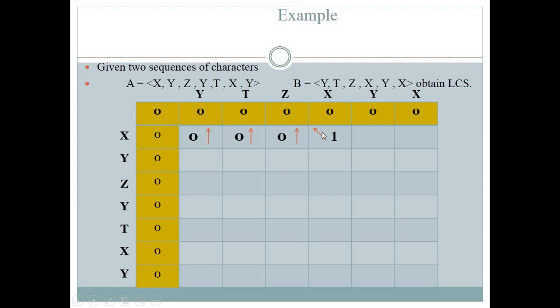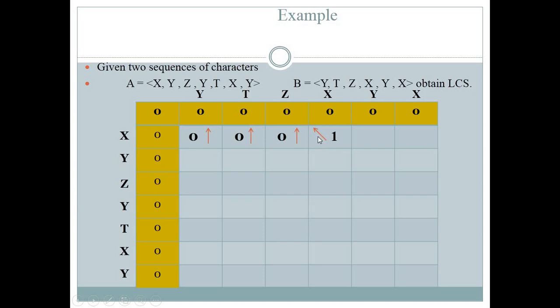Here our diagonal value is 0. So to that diagonal value we will add 1, so it will become 1. So we will put 1 into this cell.